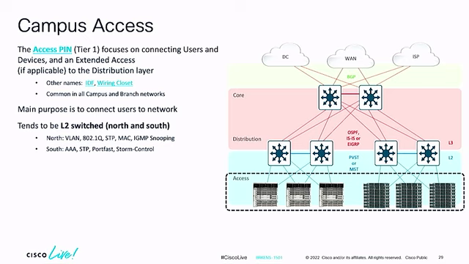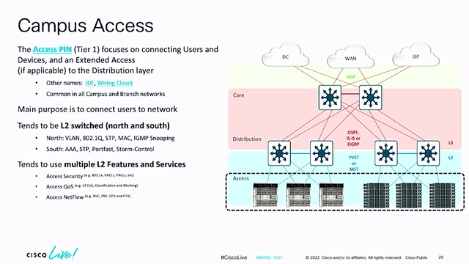But this is where I typically have my layer 2 capabilities. So again, tend to use multiple L2 features and services, so QoS, ACLs, NetFlow, et cetera. And this is where I'm gathering usually the first bits of information on the flows that come into the network on a port-by-port basis or VLAN by VLAN basis, and sending that information off to my management systems, flow collectors, things like that.